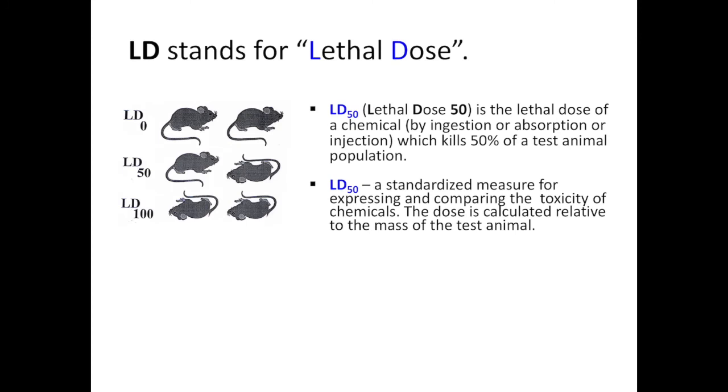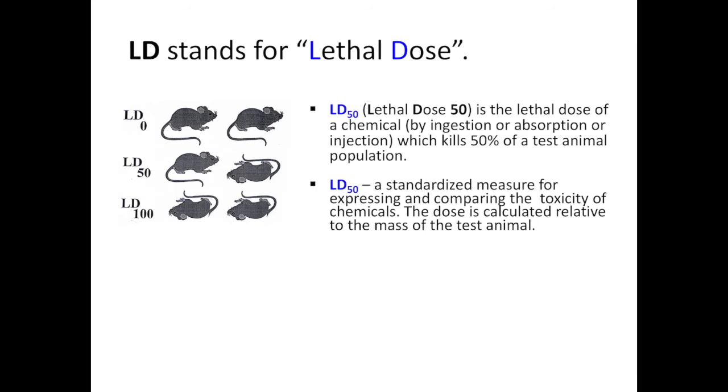This section deals with quantification of toxicity, and one of the ways that we quantify toxicity is using an LD value, a lethal dose. And typically we use a lethal dose 50, an LD50 value. This is the dose of a chemical, either by ingestion or absorption or injection, that will kill half of a test population.